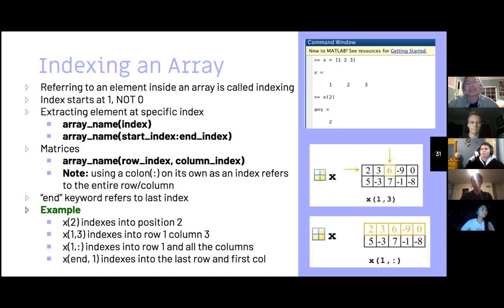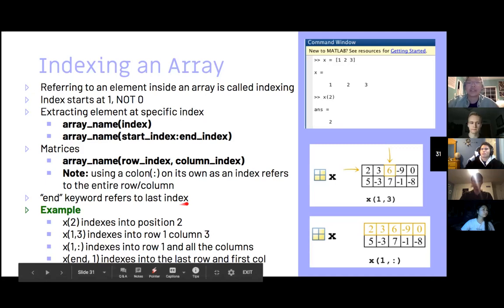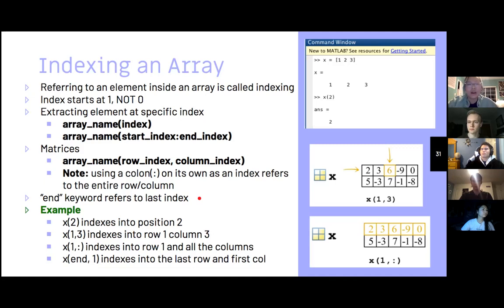And we'll see in the example how we can use that to access certain elements. And if you don't know how big your matrix or your array is, you can use the end keyword to refer to your last index. So let's look at a quick example. x(2) indexes into position 2. As you can see over here, x(2) should return our second element. And then x(1, 3) will index into row 1, column 3.